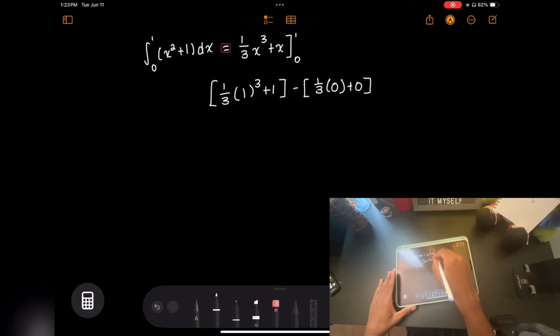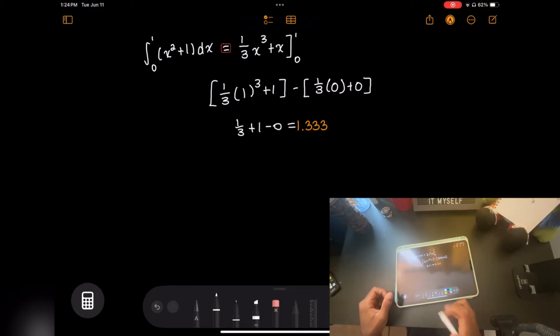Basic calculus, we're putting in the 1 here, and then the 0, and then subtracting. So when you do the math here, you just get 1/3 plus 1 minus 0, and this of course is equal to, it will tell you, 1 and 1/3, or 1.333.